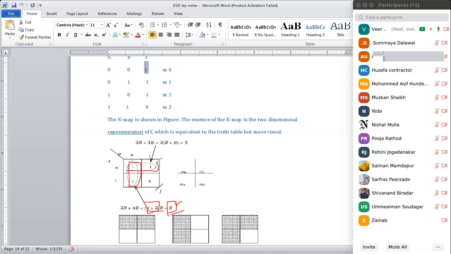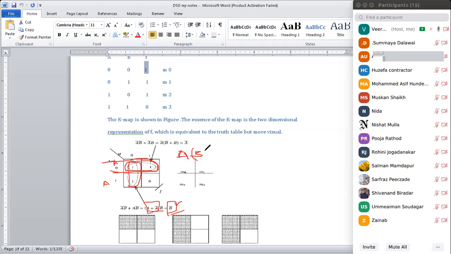How about this group? Here A is common, B is varying. What is A here? A bar. Okay, we know that in min terms, 0 is considered as complement, 1 is as it is. So A bar is common and B is going to be varied.